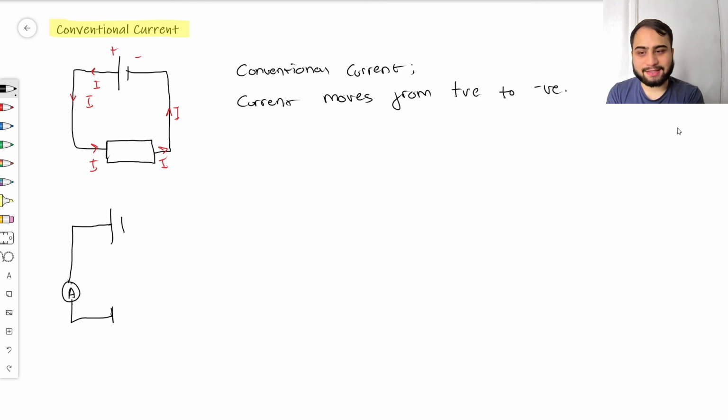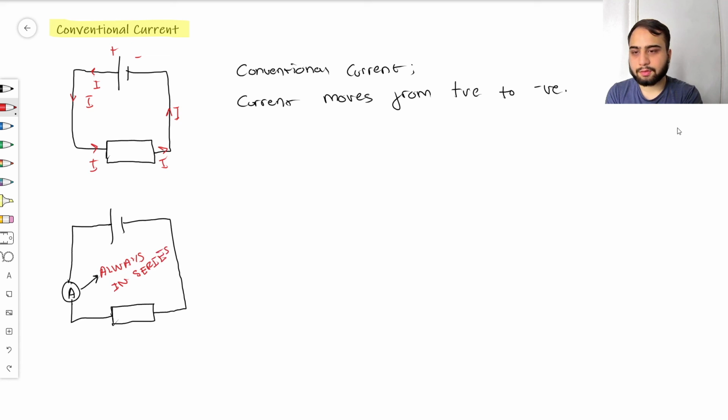So here's our resistor as well, and this ammeter here will give us a readout. So always in series. This is the ammeter.